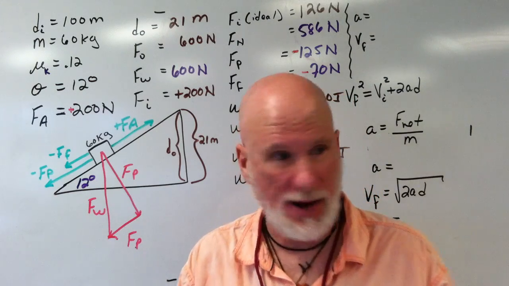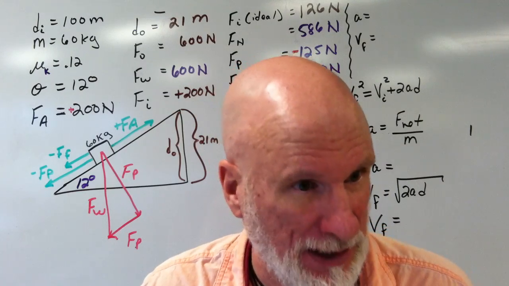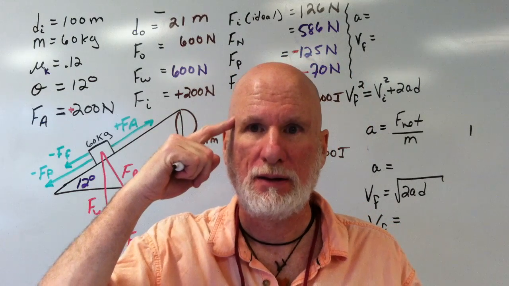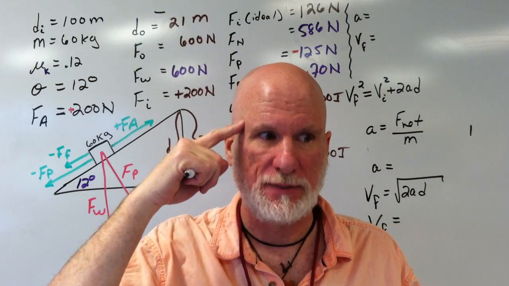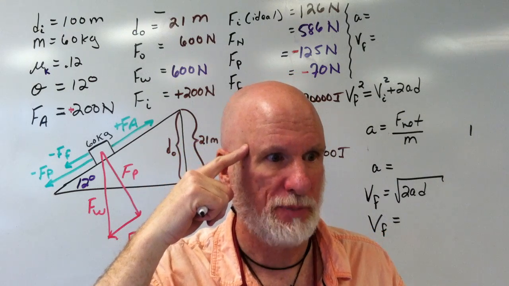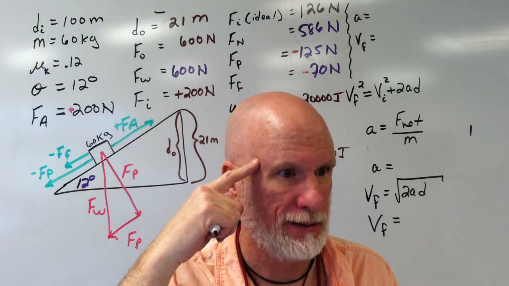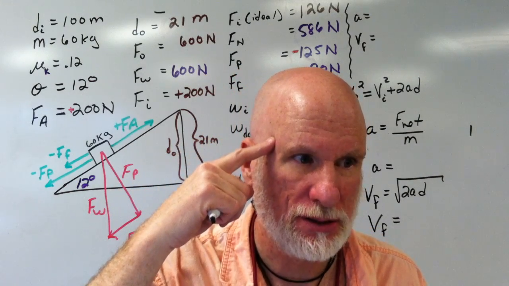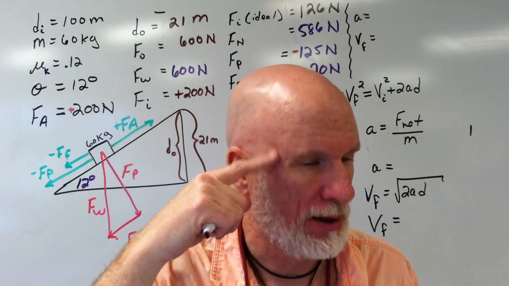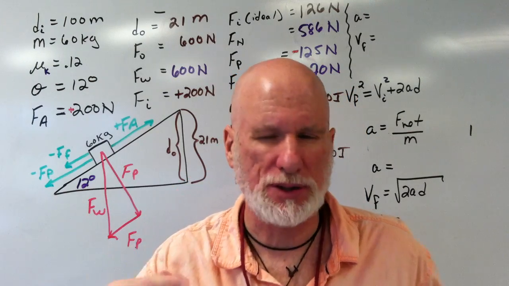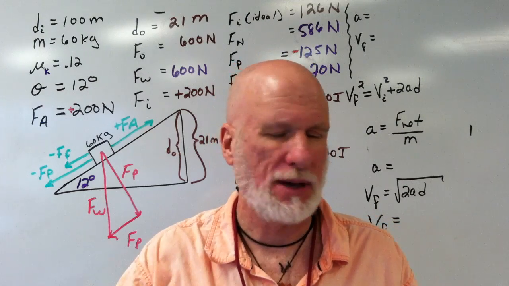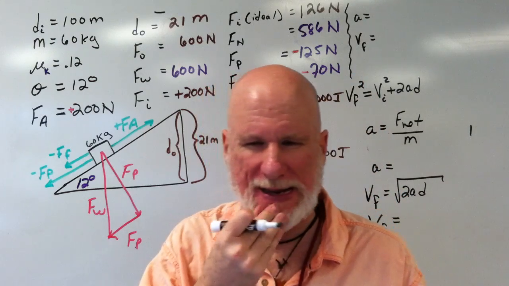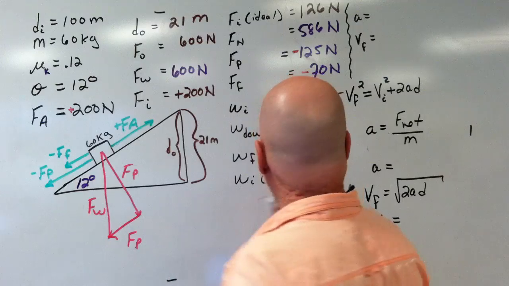FP, exactly. The part of the weight that is parallel with the plane is called FP. FP times 100 meters would be W down. We could call it W sub P. The book calls it W down, WP, either one. But what is it? 125 times 100, 12,500.